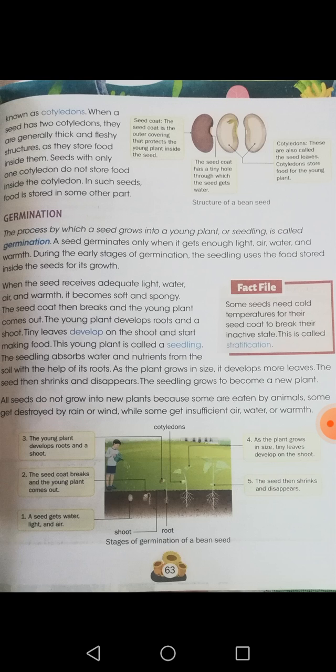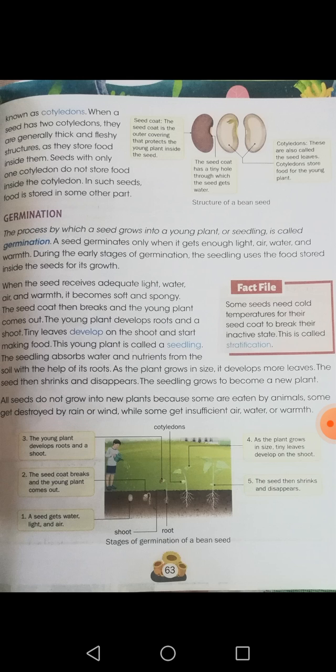Even if any one thing is not present, for example, light, air and warmth are there but water is not present, the seed will not germinate. Suppose air, water and warmth are there but light is not there, then also the seed will not germinate. So all these things are required in enough proportion. A seed requires enough light, air, water and warmth to germinate.